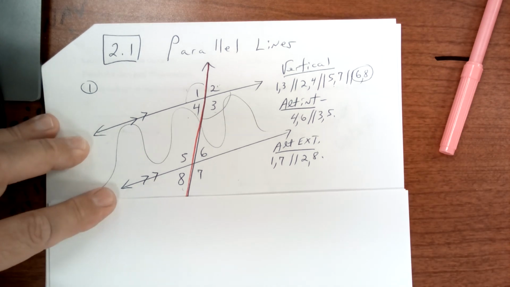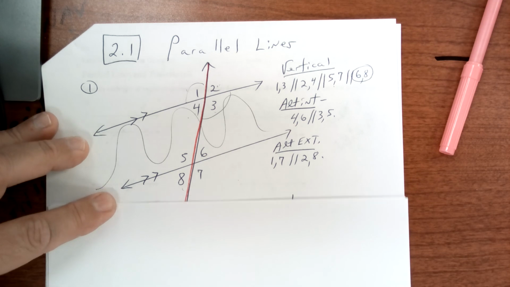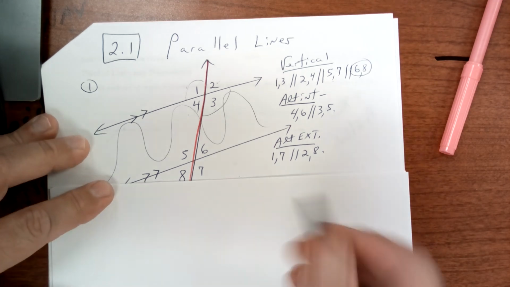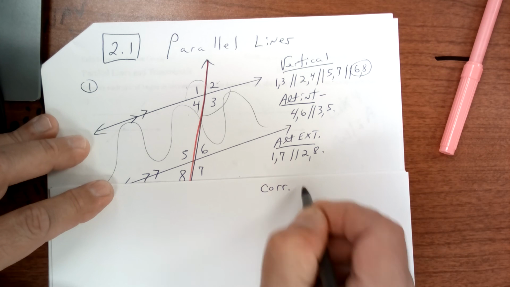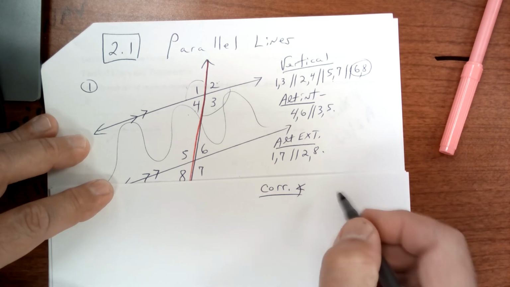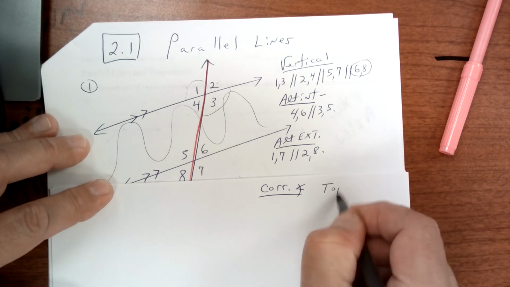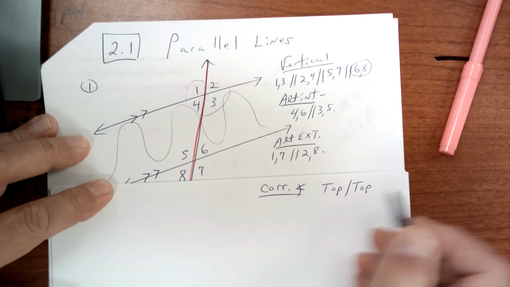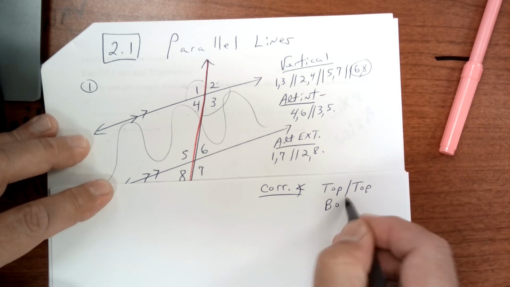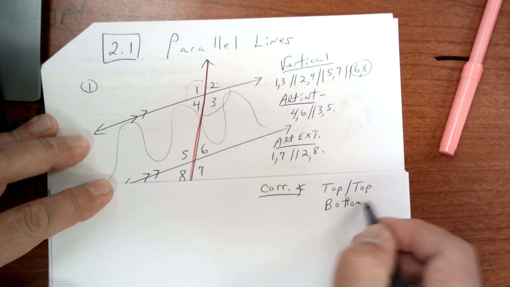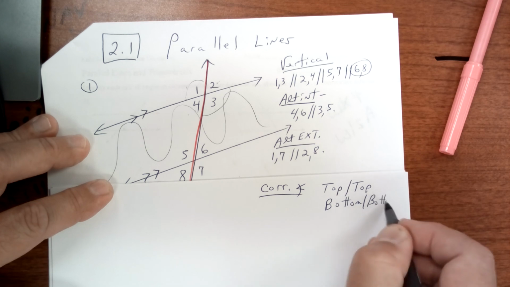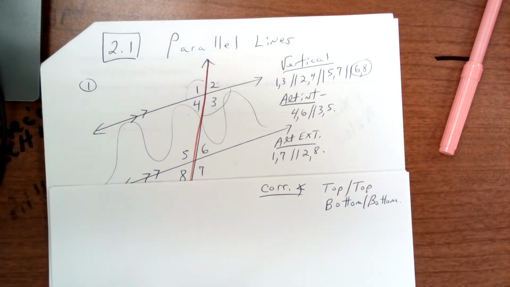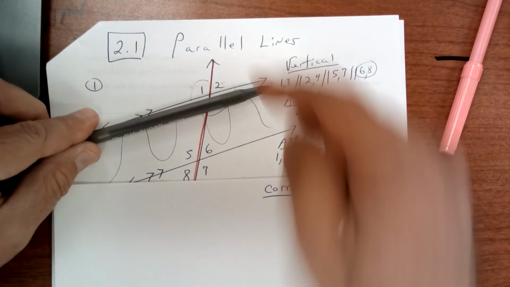All right, the next one is corresponding. So write this down, corresponding angles. Corresponding angles is top, top, and bottom, bottom. Write that down. This is how you're going to remember it. Okay? So if you look at this line here, these are on the top.